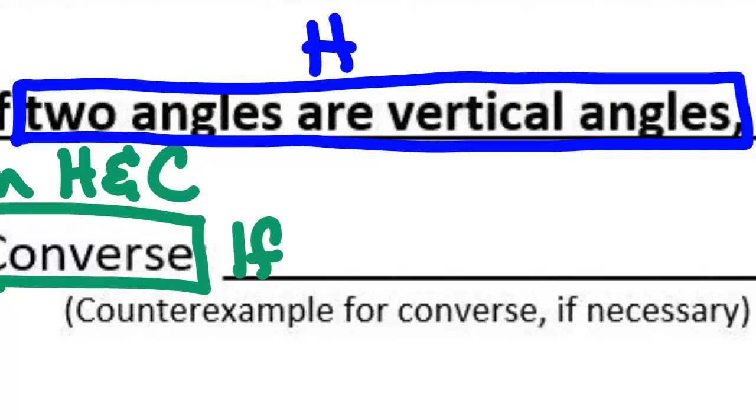So if I just rewrite what it says, if their measures are equal, what does it mean by that pronoun? What is there? Not necessarily vertical angles, but what's at the beginning of the sentence right after the if? 2 angles. So instead of writing there, I'm going to replace that with what there is meaning.